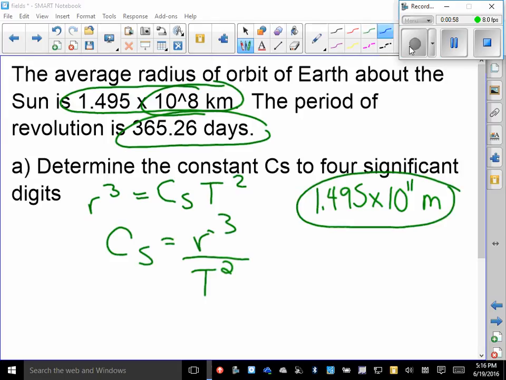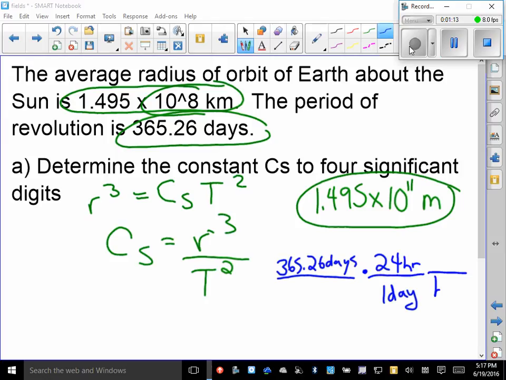Now this days. We have 365.26 days. I need to go into seconds. Okay, well I know that every day has 24 hours. And I know that every hour has 60 minutes times 60 seconds, or 3,600 seconds.